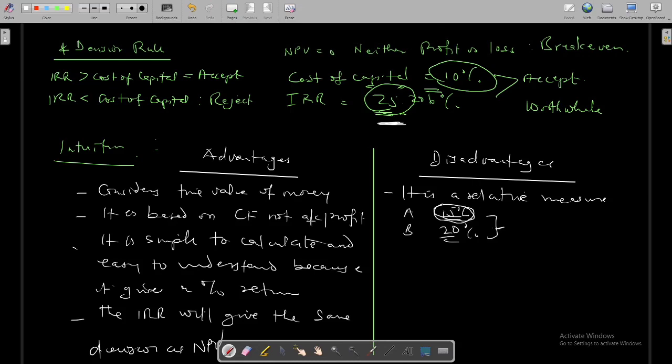But it ignores the size of the project. This is a major disadvantage of the internal rate of return.